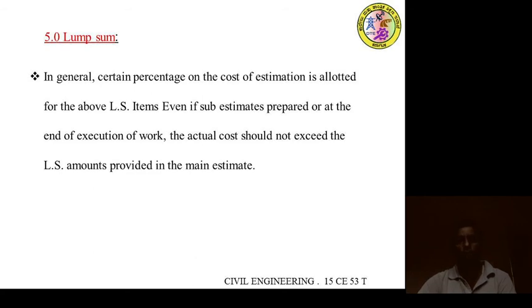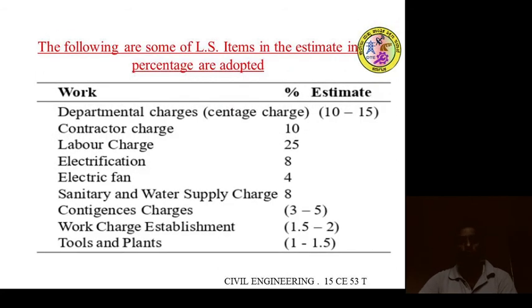That means, before preparing these estimates, that is the electrical estimate or sanitary estimate or water supply estimate, the total cost of the estimate will be assumed as a lump sum percentage. At the end of the execution of work, the actual cost of this lump sum charge should not exceed what was previously calculated in the main estimate, and that is called a lump sum charge.